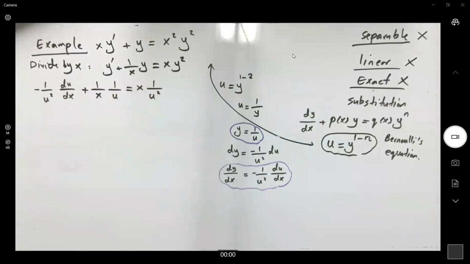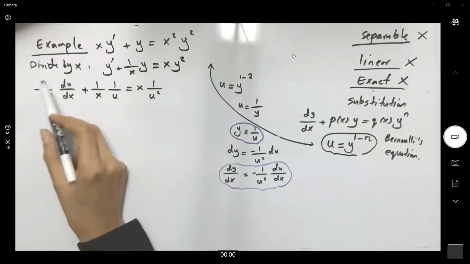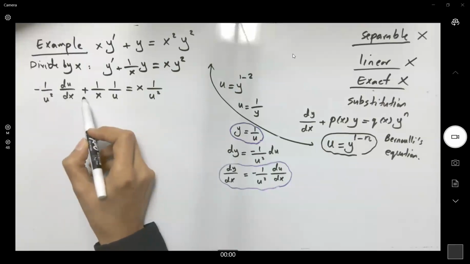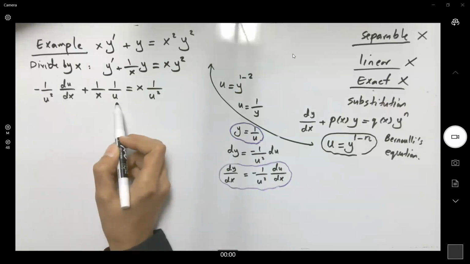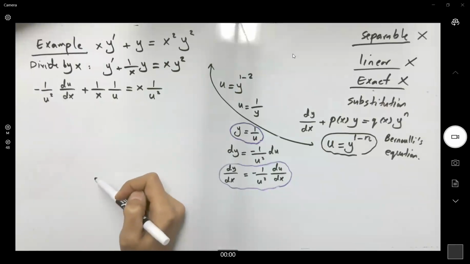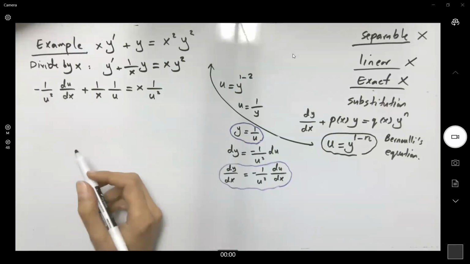Very well. So what do we see here? I have negative 1 over u squared u prime plus 1 over x times u equals x divided by u squared. Can I simplify this more? Is it possible?